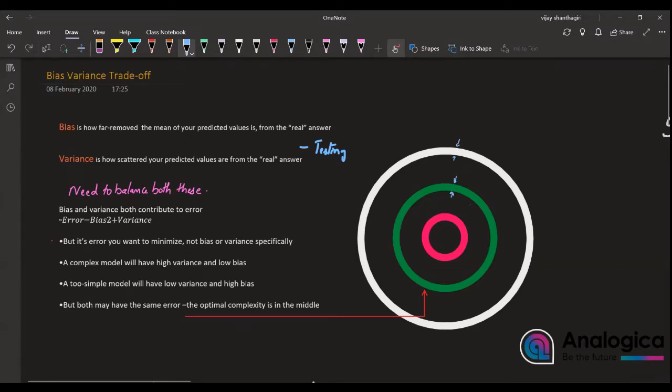You can relate it to the problem of accuracy and precision. In a way, you can say accuracy is measuring your bias, and precision is more about measuring your variance.